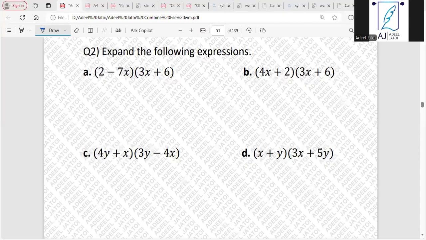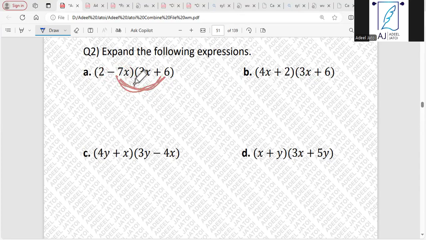Okay, let's just work upon this question number 2, part A, B, C, and D, right? So let's say that we have this 2 and this 3. So 2 multiplied by 3x, then 2 multiplied by 6, minus 7x multiplied by 3x, and minus 7x multiplied by 6.